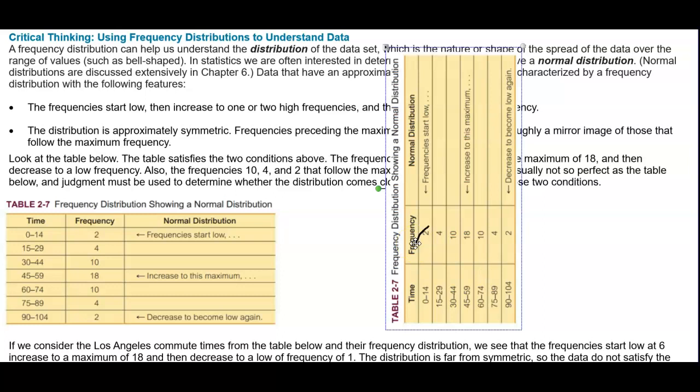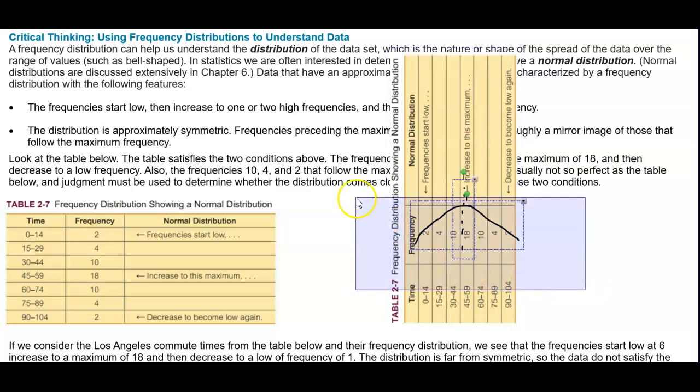Then it goes to 4, and then to 10, and then up to 18, which is the maximum peak. And then it goes back down to 10, then down to 4, and then down to 2. Okay, that's a normal distribution because it's showing a bell curve that, when you cut it in half, is symmetric. One side looks approximately equal to the other side.